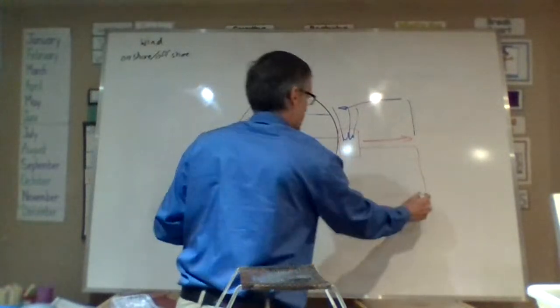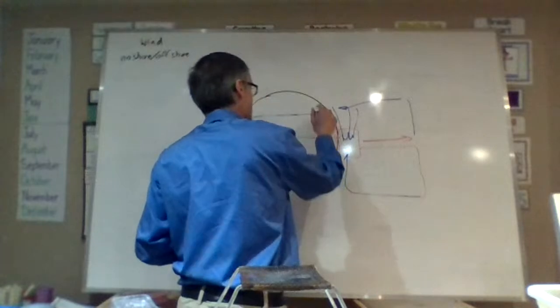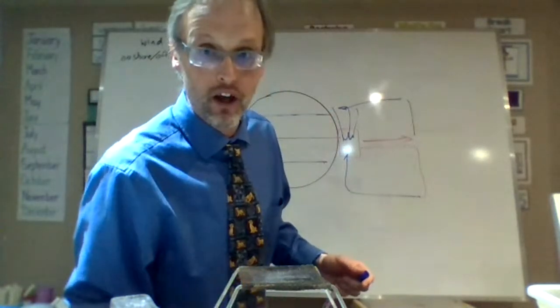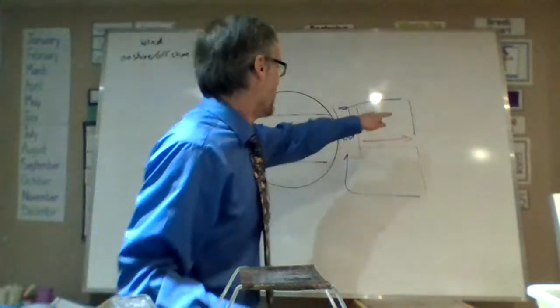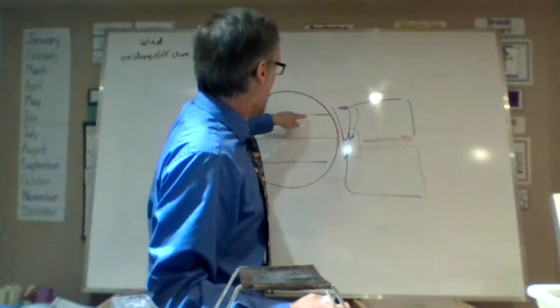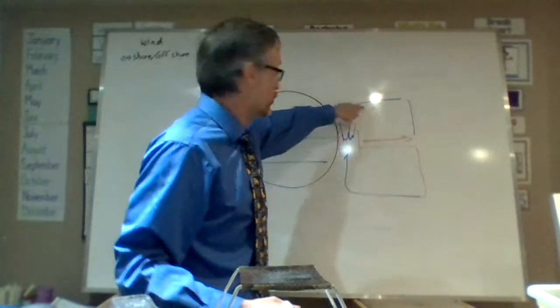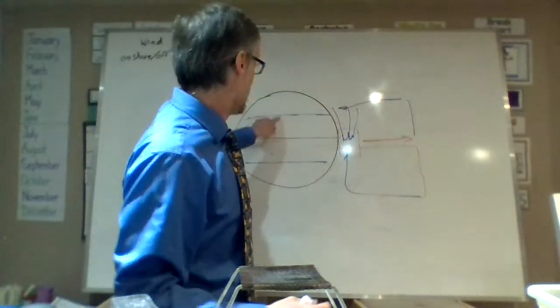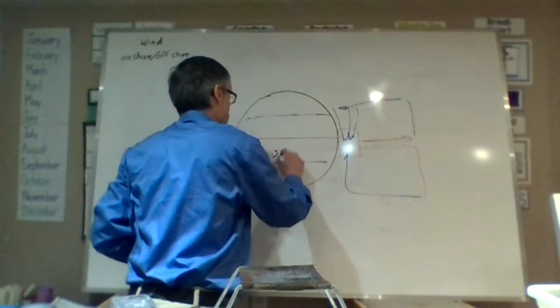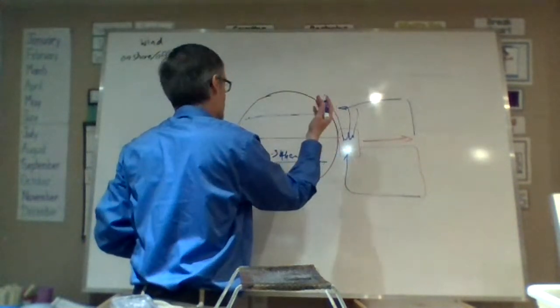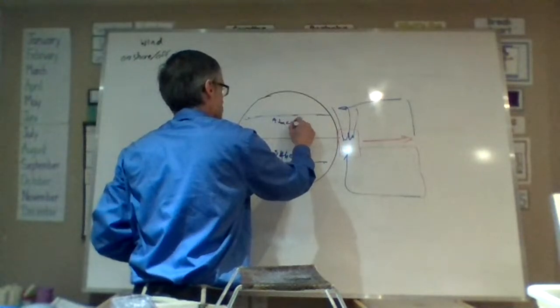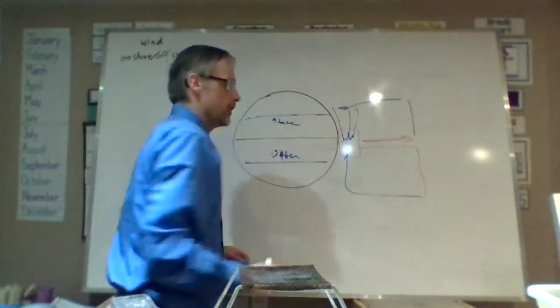What's really cool about this line and this line is that's where our deserts are, because we've got these really, really cold air dropping right on these spots. Down here you'll find the Sahara, and over here you'll find the Atacama, for example. Your deserts are here and here.